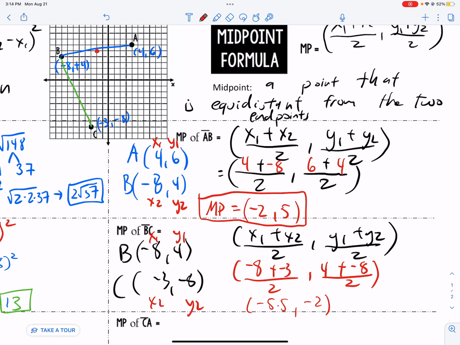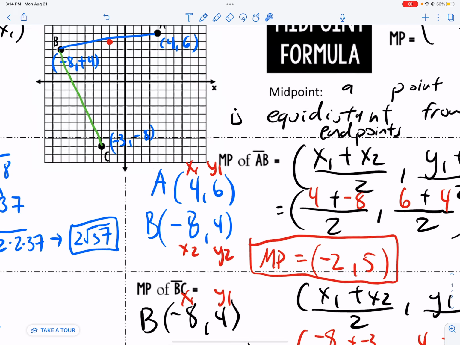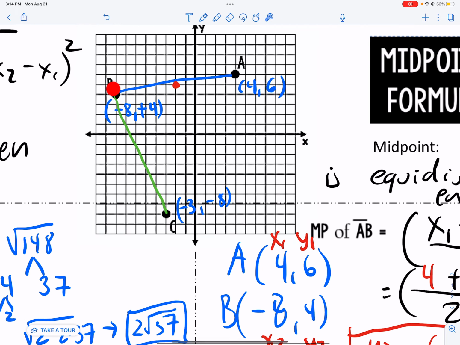So the midpoint between points B and C is at -5.5, -2. 1, 2, 3, 4, 5, 5.5, comma -2. Yeah, right here. Oh my gosh, right on my line.